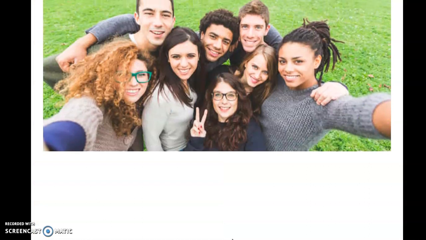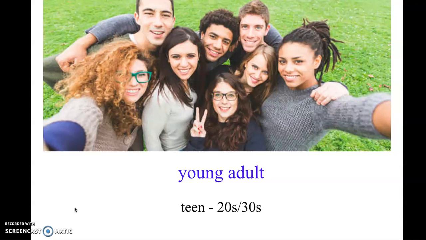We have another group here, young adults, right? And young adult is a little bit of a difficult age. If you look up what is a young adult, you'll see anything from teen to 20s or even 30s, right? My suggestion is it's not really this. Certainly not 30s, maybe early 20s, right?